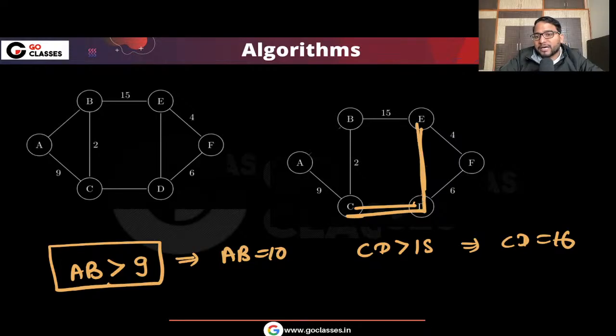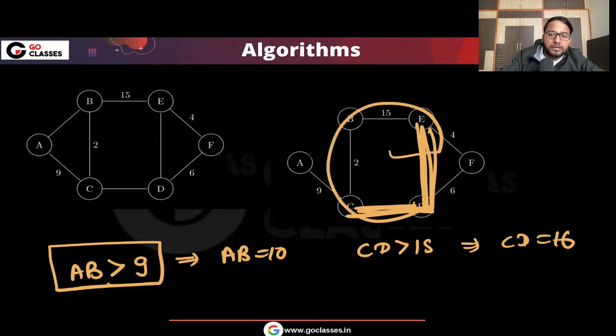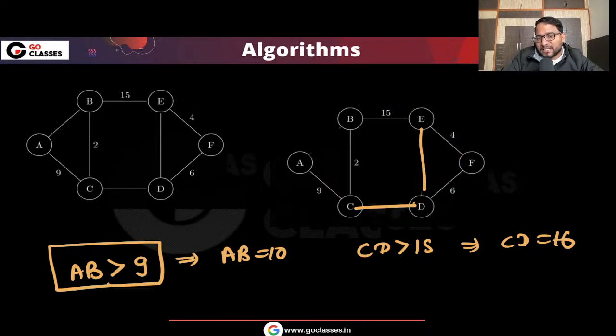Just bring one edge. This is how we need to solve this question; all such questions we solve by bringing only one edge. This edge forms a cycle with the highest one, so ED must be greater than 6, which means ED is 7.